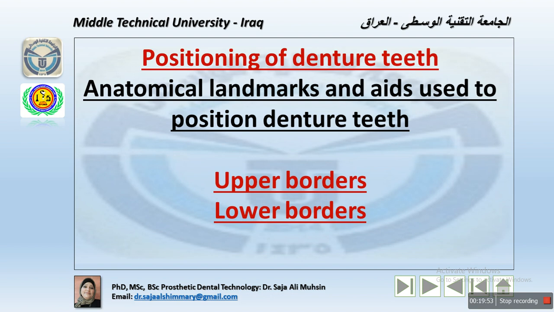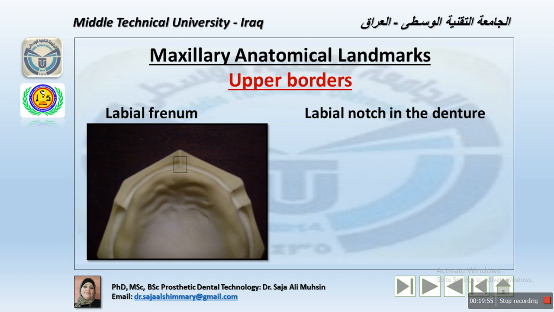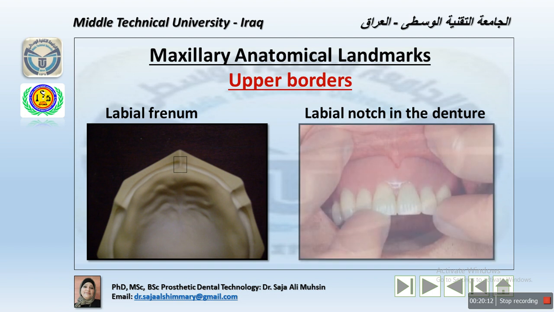Okay, starting with the upper borders, starting with the labial frenum. The labial frenum is a single fold noticed within the anterior border between the lip and the alveolar ridge, and this will be, of course, the labial notch in the denture.